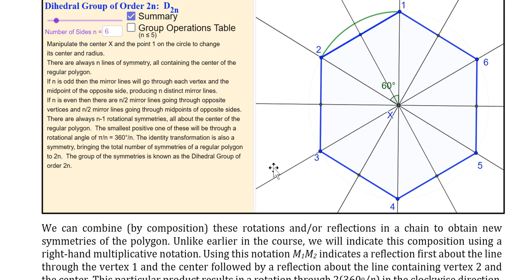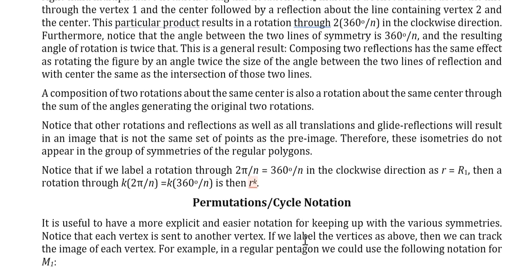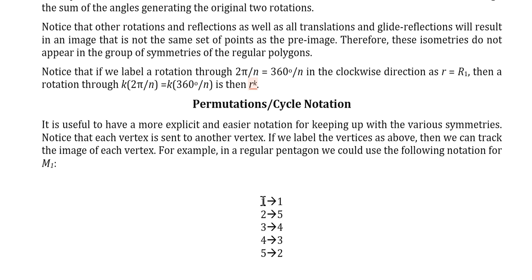So if we want to keep track of what's going on, since this is a linear transformation, we can really just keep track of what's happening to the vertices. So that particular one could be written this way: 1 going to 2, 2 going to 3, 3 going to 4, 4 going to 5, and 5 going to 6. That's a mapping, just telling us where the vertices go. This is called a permutation.